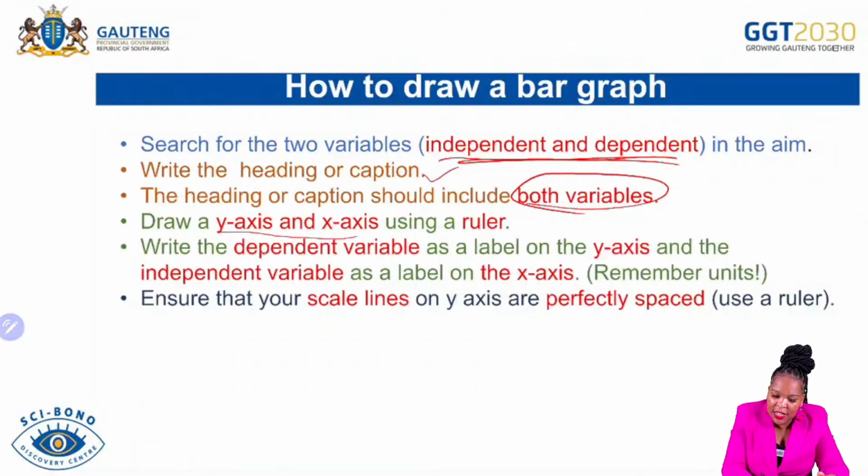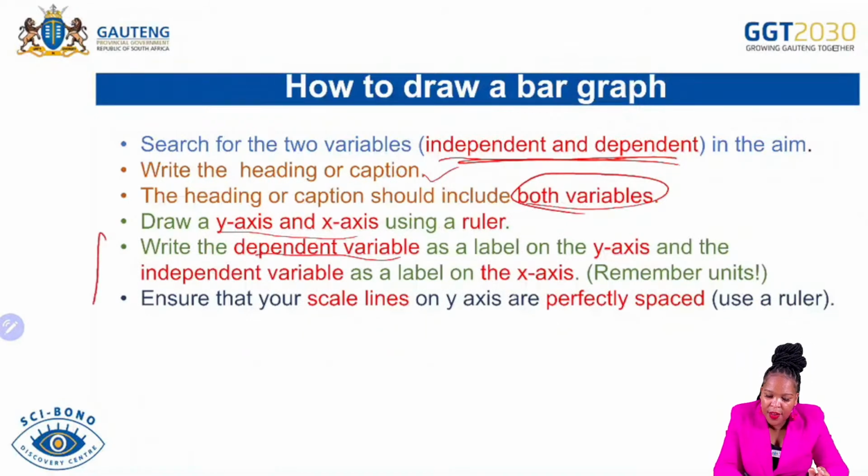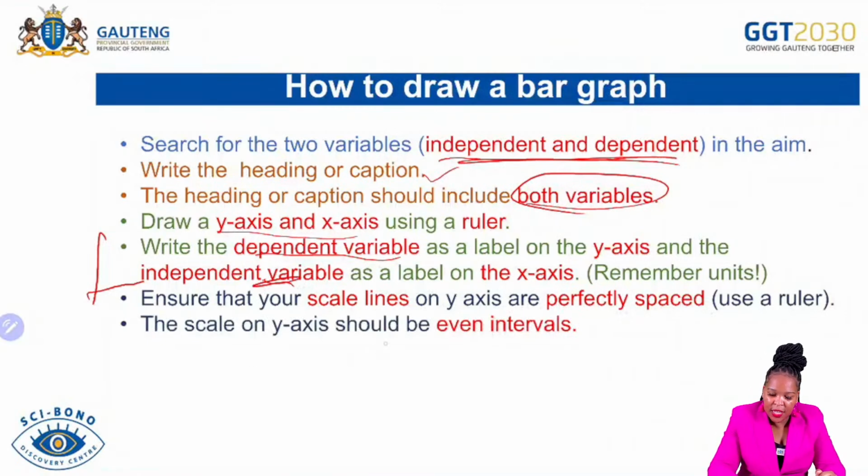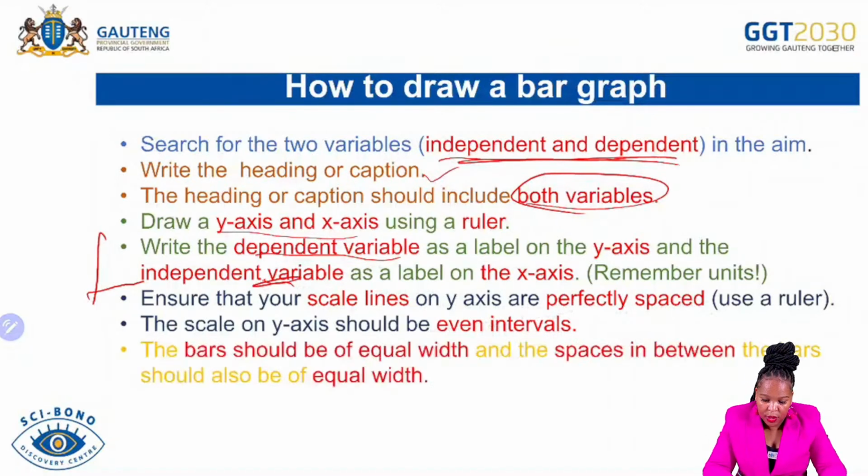Then you write the dependent variable on the y-axis, and the independent variable on the x-axis. You must ensure that the scale lines on your y-axis are perfectly spaced, at even intervals. You can use a ruler also to measure the scale on the x-axis.